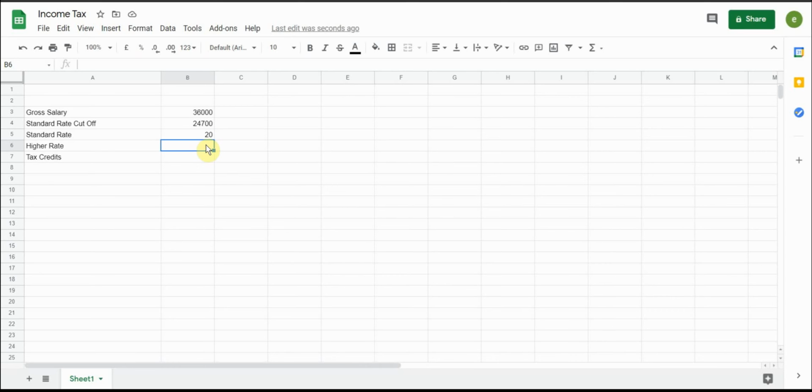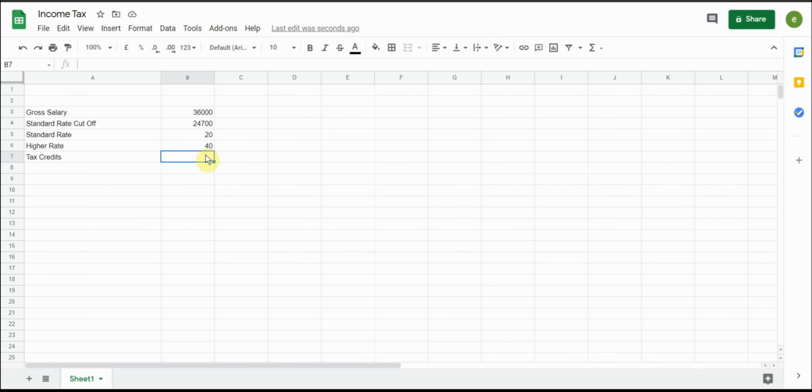If you go above 24,700, which this person here has gone up to 36,000, then every single cent above 24,700 will be taxed at 40%. And we call that the higher rate. So in Ireland, there's two different rates of tax. There's the standard rate and there's the higher rate. The standard rate taxes everything at that rate up to the standard rate cutoff. Every single cent above the standard rate cutoff is taxed at the higher rate.